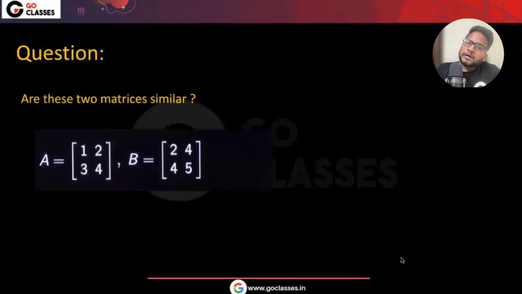But before that, let's see if you can solve this question. Are these two matrices similar? What do you think?